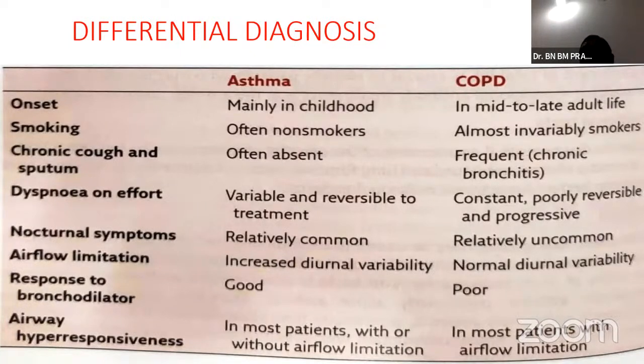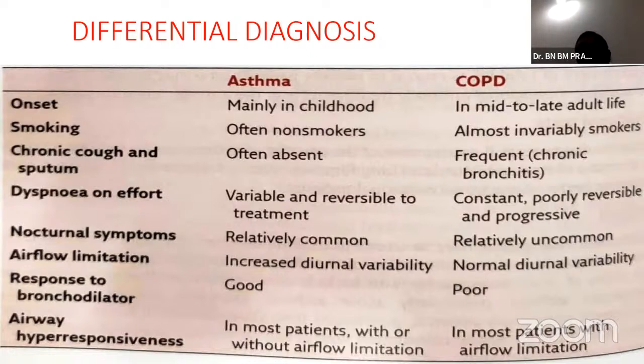Sometimes it is difficult to differentiate between an acute exacerbation of COPD and asthma. Asthma usually occurs in childhood. COPD is a disease of the middle age and later age group. There's a history of smoking and pollution exposure, a history of chronic winter bronchitis, and of course it's not reversible.